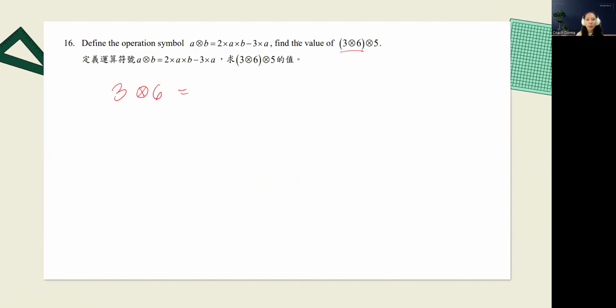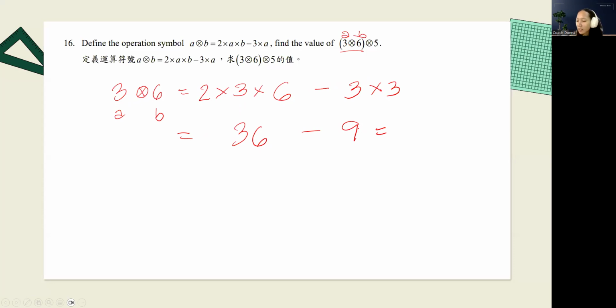The one before the symbol is A, and this is B. So it says 2 times A, 3, times B, 6, minus 3 times A, 3 times 3. So 2 times 3 is 6, times 6 is 36, minus 3 times 3 is 9. 36 minus 9 is 27.